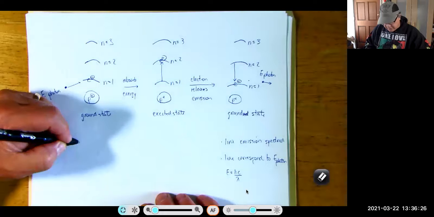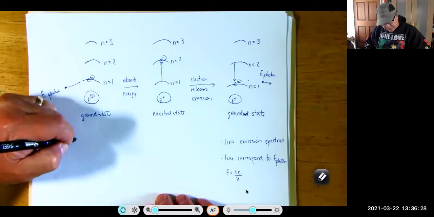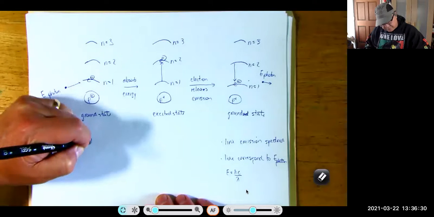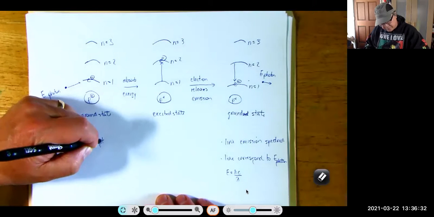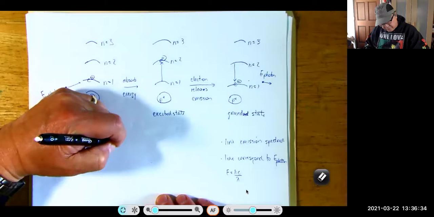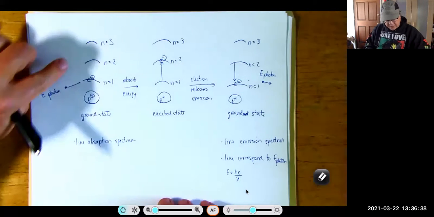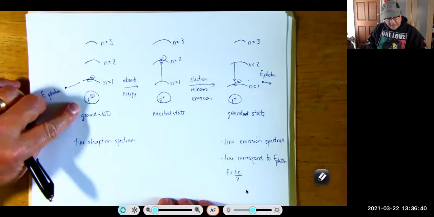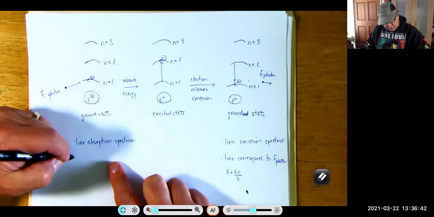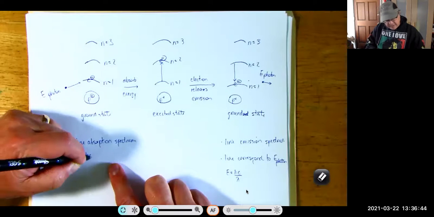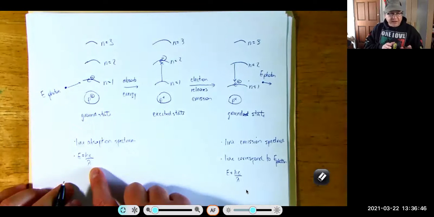Now over here, what you would have is a line absorption spectrum. So if you shined light at this electron, certain wavelengths of energy would be absorbed, and those wavelengths would not make it through.